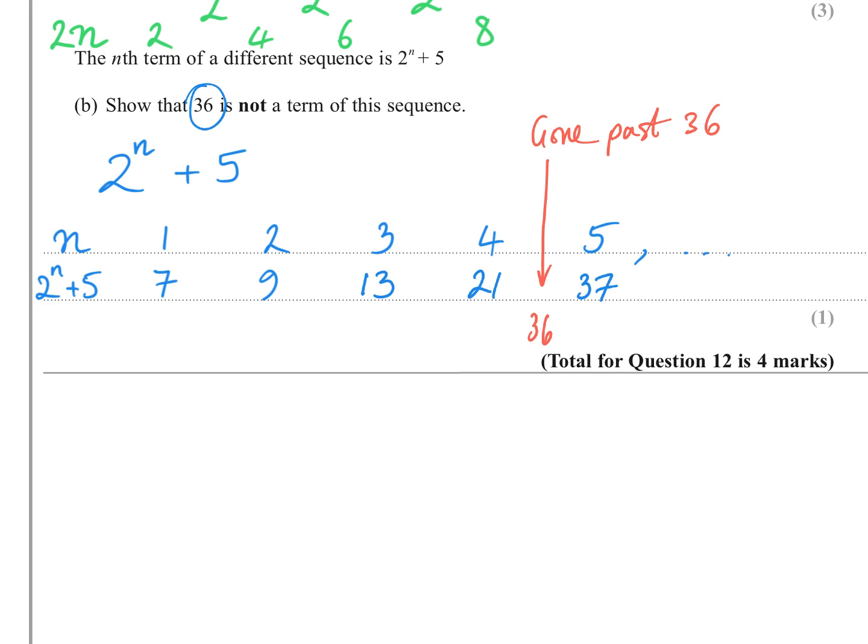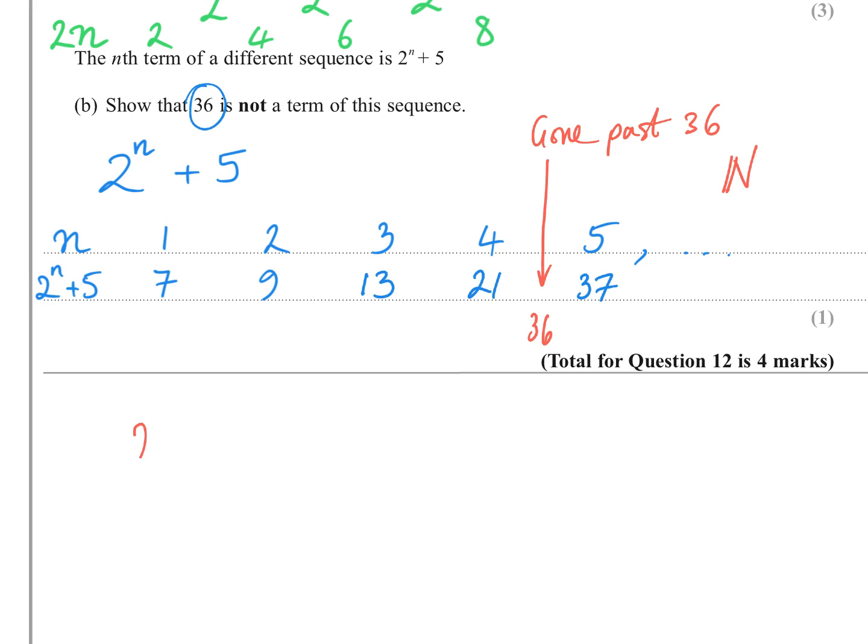Another way of looking at it, which is a bit more complicated, because you have to understand that all the terms in this sequence will be nice whole numbers, because you're not going to get any fractional numbers for n, like half or 1.7. It's either 1 or it's 2 or it's 3 and so on, the integer values. And we sometimes call them here n, or the natural numbers, okay, so positive integers.